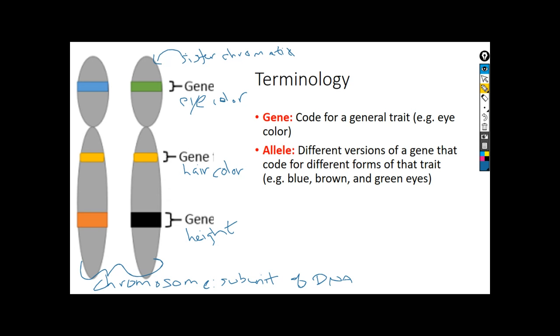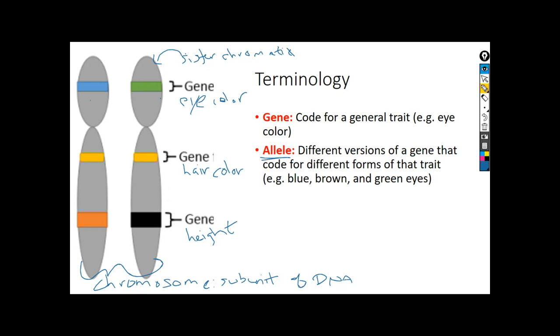So you have two sister chromatids for every chromosome, which means you have two copies of every gene, at least. Which means you can have up to 2 alleles for every gene.